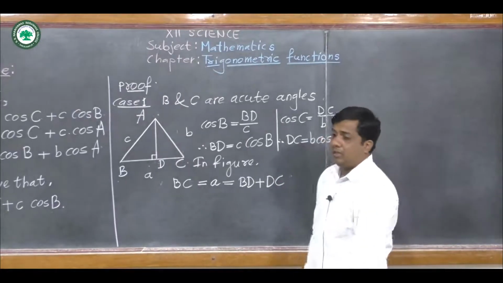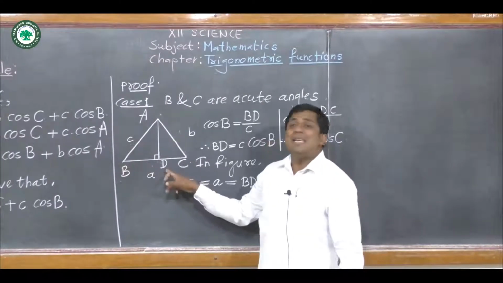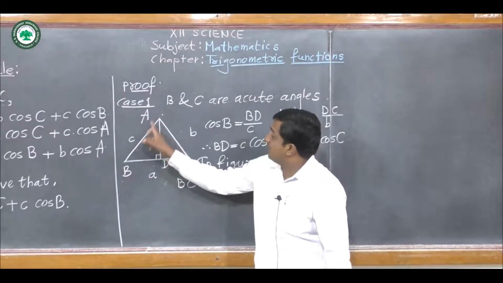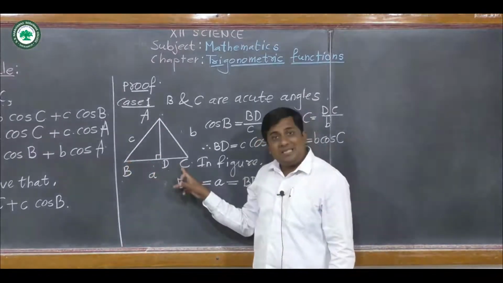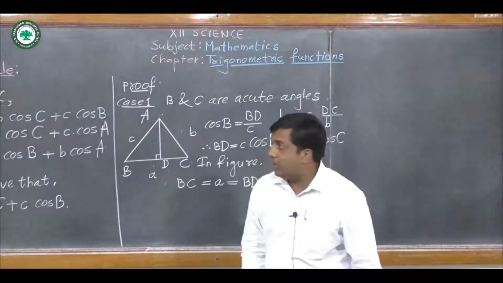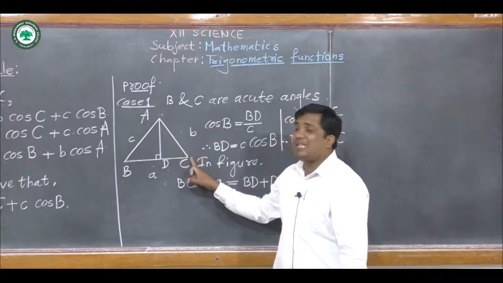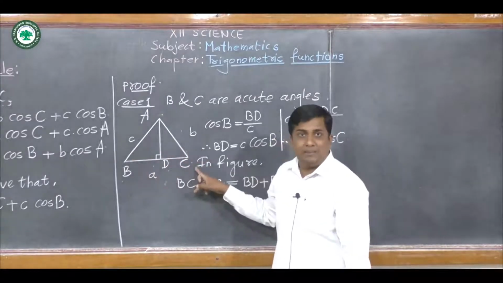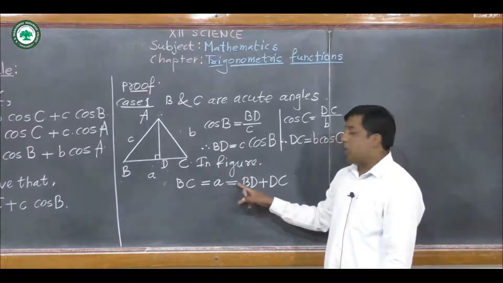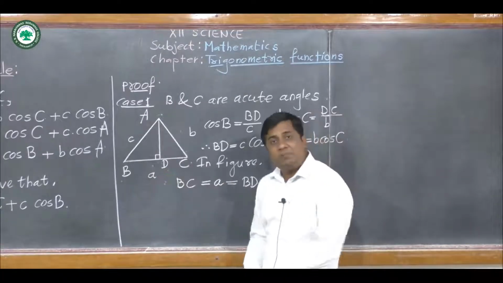Now remember here BD is called the projection of AB on BC, and DC is called the projection of AC on BC. Here BC is equal to a, and is equal to BD plus DC in this figure.